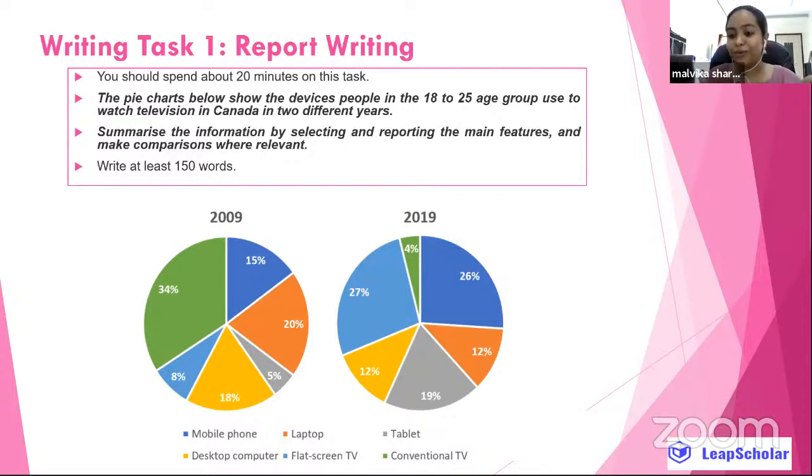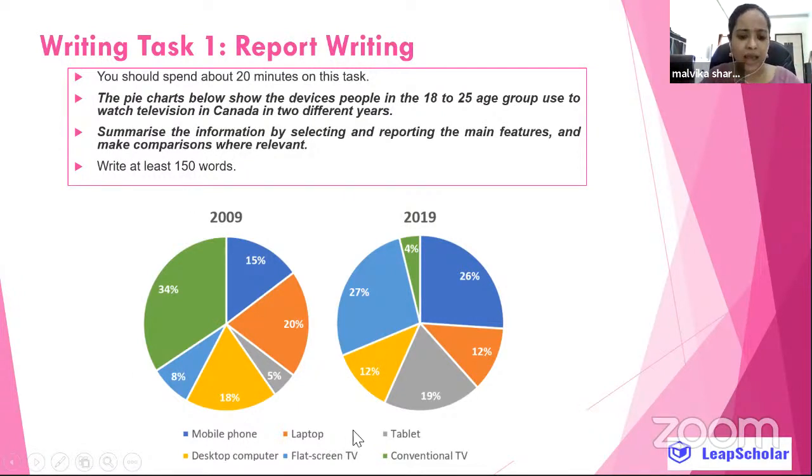We cannot include, and we should not be including, everything that we have in the data. So we need to sensibly select our data in order to incorporate it and write a report. Of course, these are pie charts and we have two different years in place, we have so many gadgets, and there's some kind of comparison going on. That is exactly what we are going to do. We have to come up with comparative language. So keep these things in mind.